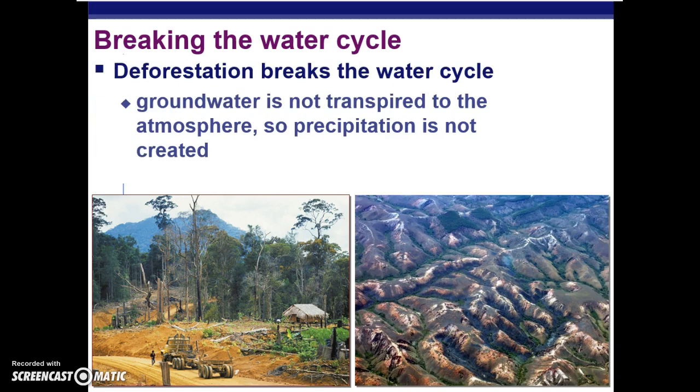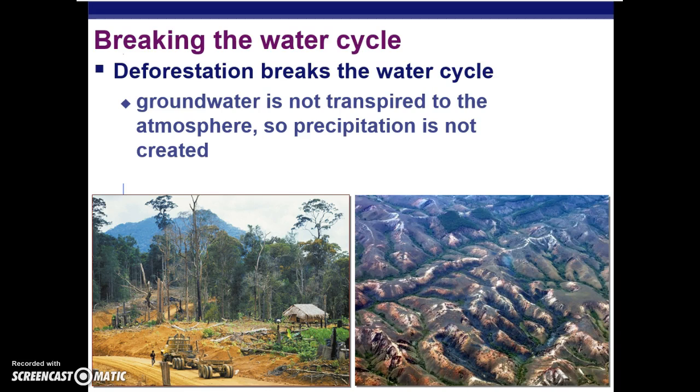And there are things that human impact contributes to that actually break up that cycle. And one of the biggest problems is deforestation, because of the effect that it's going to have on transpiration as you take away trees. You have the groundwater not transpired up into the atmosphere. So that link that we generally would share with evaporation of getting groundwater from one reservoir to the other is totally wiped out.